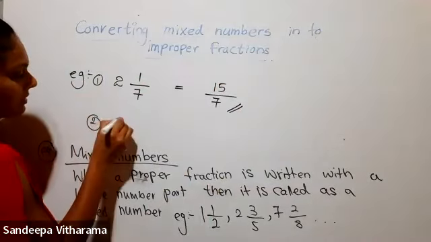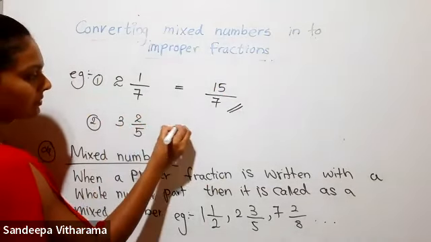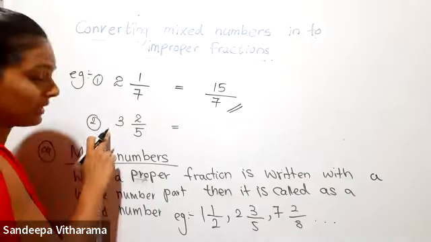Second one, 3 and 2 upon 5. Okay, do this one and tell me the answer. Here 5 into 3 it is 15.